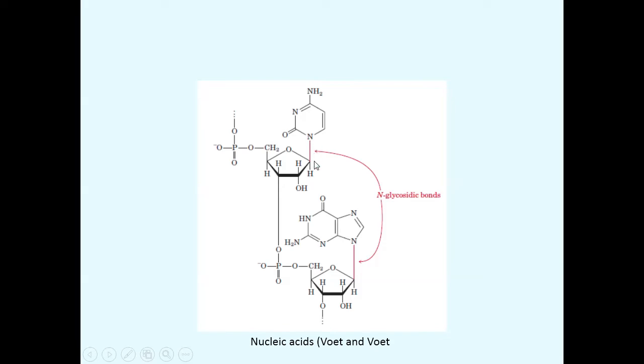Remember that when sugars form a condensation product through their hydroxyls, the bond is a glycosidic bond. So the base is attached to the sugar through a glycosidic bond. Since this glycosidic bond is formed using a nitrogen atom, it is called an N-glycosidic bond.